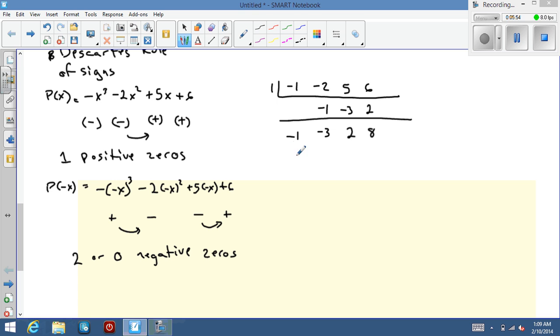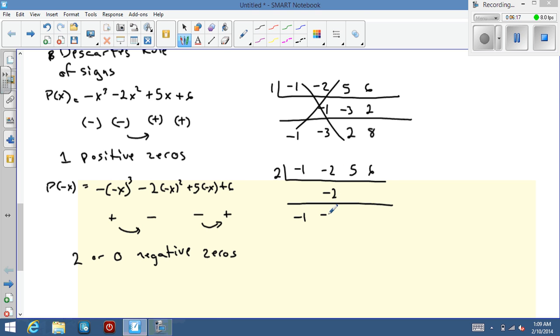Okay, so this is not a lower bound, it is not an upper bound, and it's not a zero, so I'm just going to cross that out. So let's try 2. -1, -2, 5, and 6. When I bring this down, that's -1. 2 times -1 is -2.